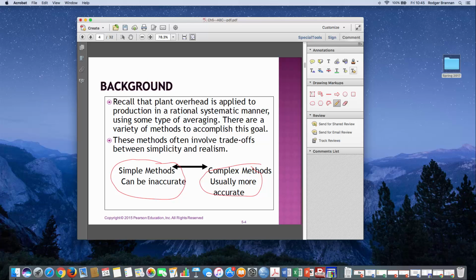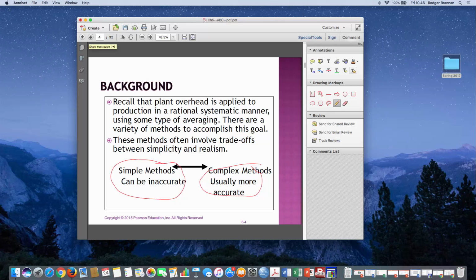And remember, what we're looking at in this chapter is not the issue of direct costs. Direct materials and direct labor are not the issue in this chapter. The issue in this chapter is what do we do about this thing called overhead. And if you remember that video I showed you of Sappi Paper Mill, overhead can be a huge, huge portion of total cost. So it's behooving to a company to come up with a realistic and very accurate way to measure overhead so that they can get a very accurate measure of the cost to decide, are they making a profit?